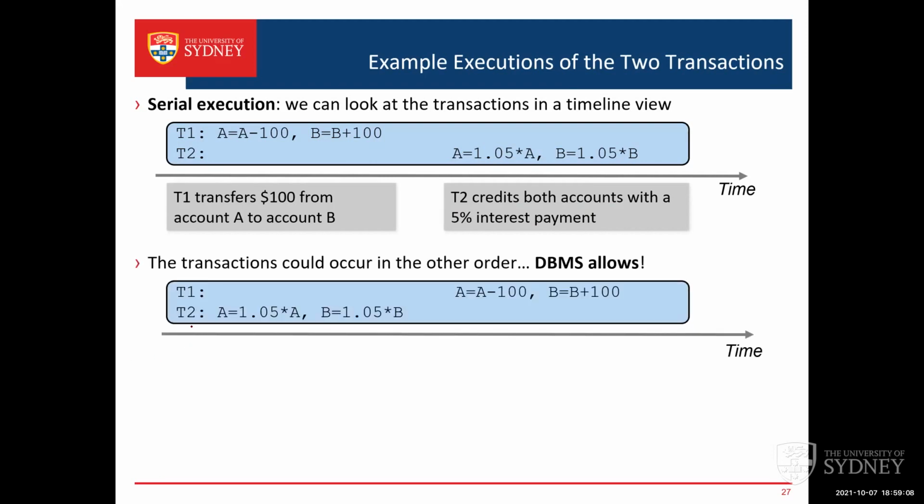You can perform T2 first and then T1, but definitely the result will be different. But that's fine. We are not worried about the result for the time being. We are only worried about how we can run those transactions. So either T1 then T2, or T2 then T1. What other option do we have? These 2 are known as serial.